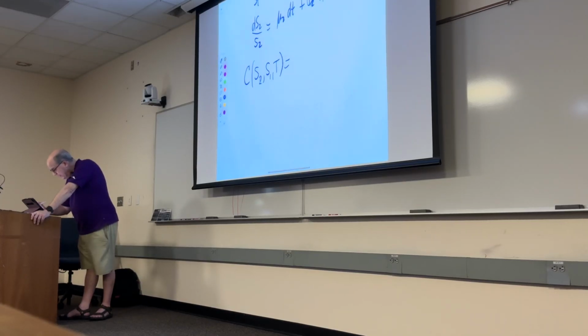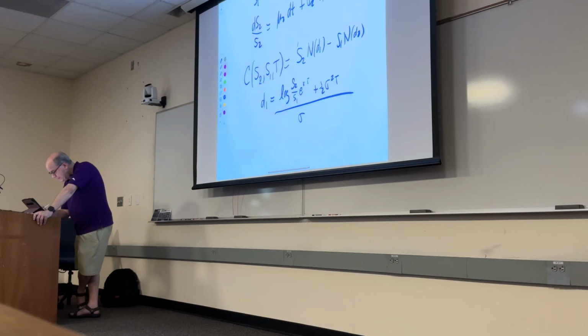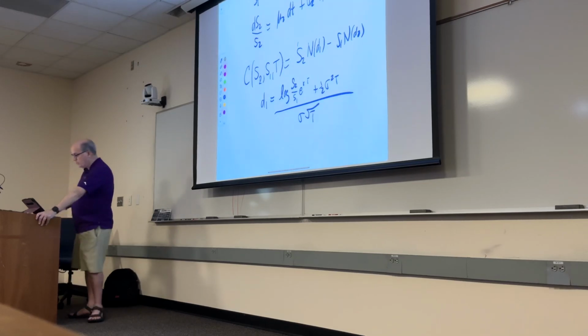It's equal to S2 times N(d1) minus S1 times N(d2), where d1 is the usual, it's the log of S2 over S1 times, let's call it e to the rT here, plus 1/2 sigma squared T, all over sigma root T. And then the question becomes, well, what's sigma?